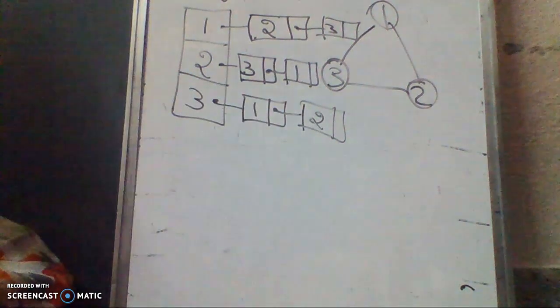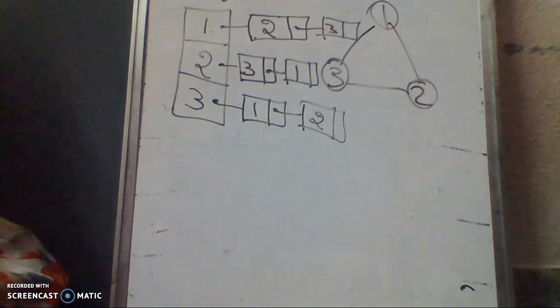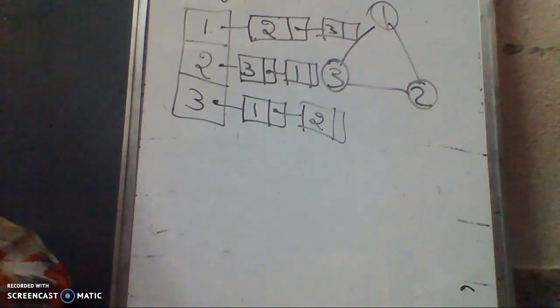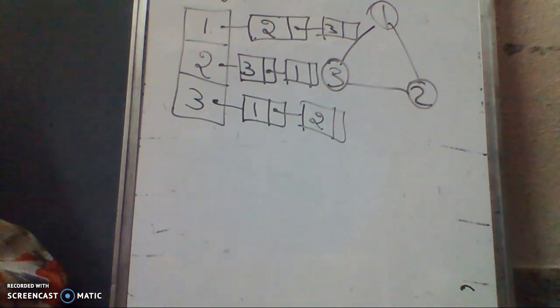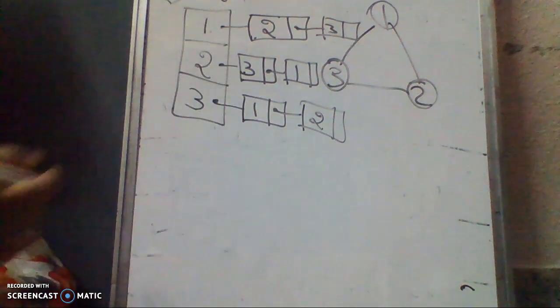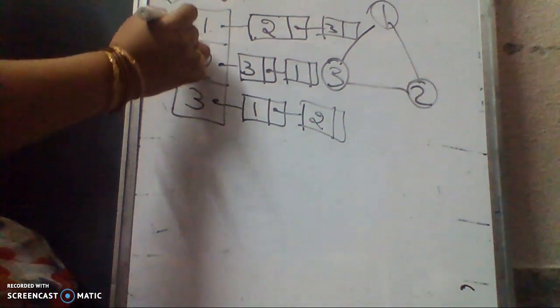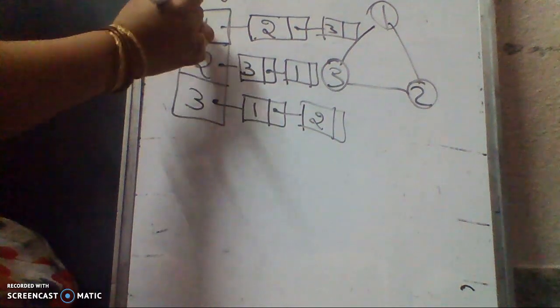Like this we can represent the adjacency list. Adjacency list is nothing but a list of adjacent nodes. First we need to create an array of vertices, and each element of the array is a linked list.